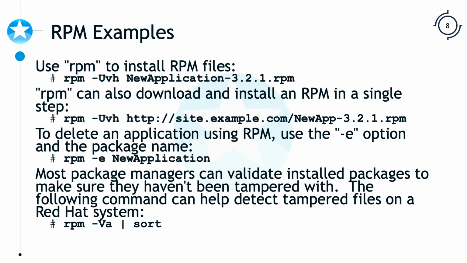If I want to remove, I can use the -e for erase and give it the application name. I will not use the RPM file name. I'm going to give it the package name. If I want to see what we have installed, if I want to validate the package before I install it, I can use the capital -Va, and it's going to verify the integrity of my package.